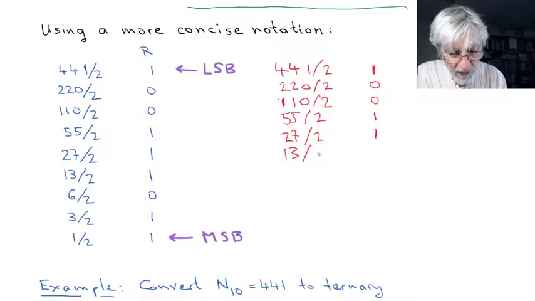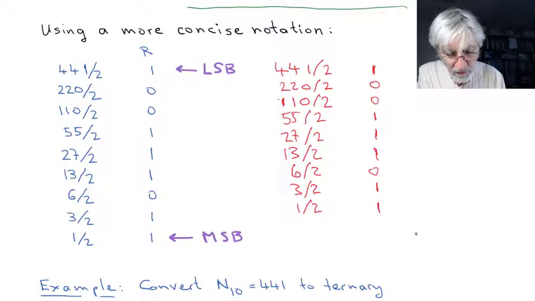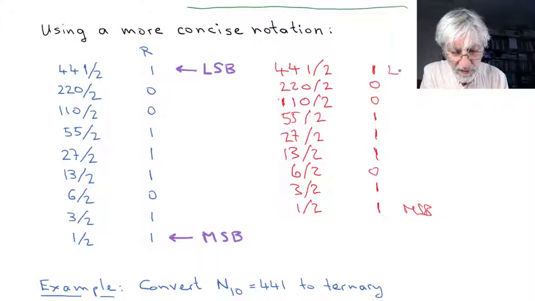Then 13 divided by 2 gives us 6, and the remainder of 1. 6 divided by 2 gives us 3, and the remainder of 0. 3 divided by 2 gives us 1, and the remainder of 1. And 1 divided by 2 gives us 0, and a remainder of 1. And so we have again this number 110111001. Again, here is the MSB, and here is the LSB.